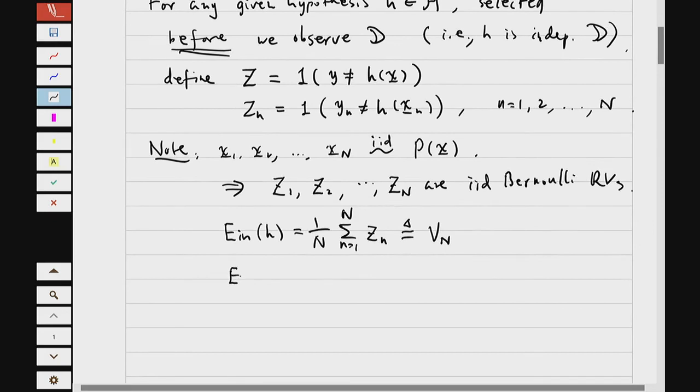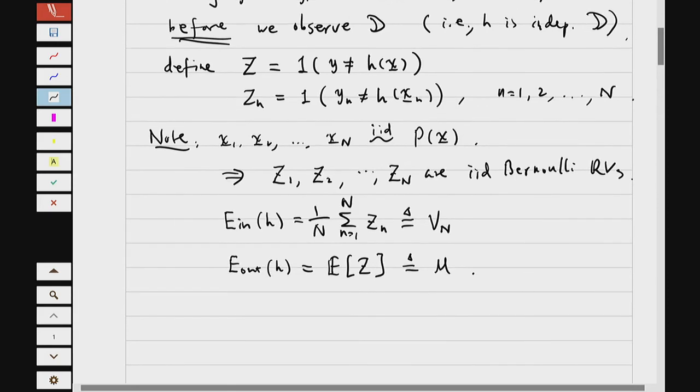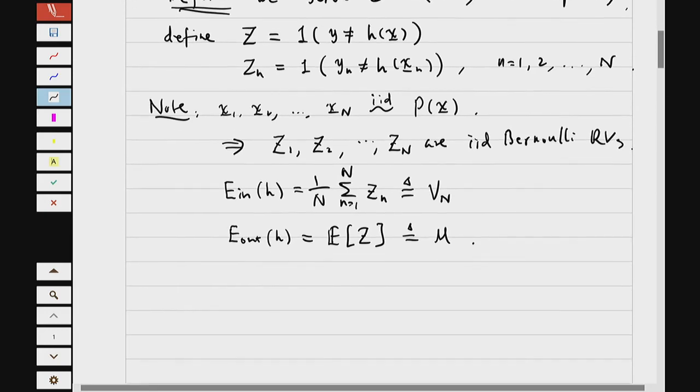And the E out, the test error, is again the expected value of Z, which we called mu before. And because of the independence, all of the conclusions that we have from last time hold.